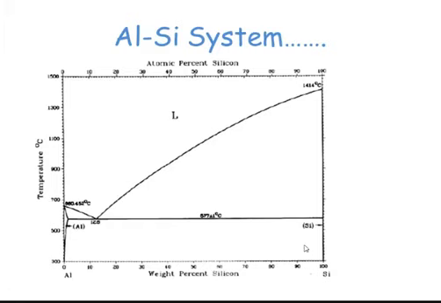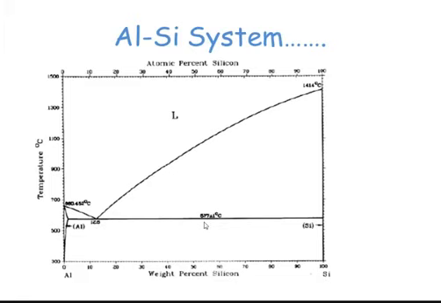Now you may wonder what kind of microstructure you will get in this kind of situation. Here there is no solid solution, so there is no alpha and beta. And you can see this diagram is also a eutectic type diagram. The lowest melting point observed is around 577 degrees centigrade.